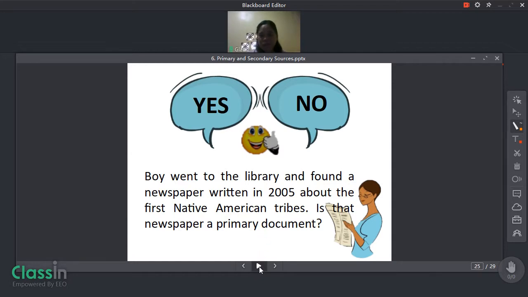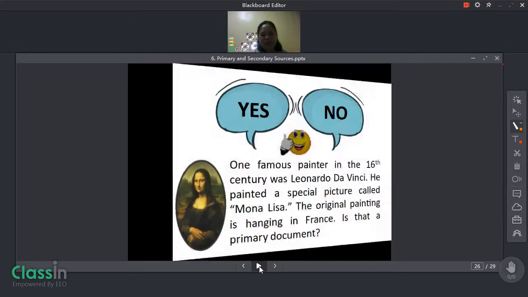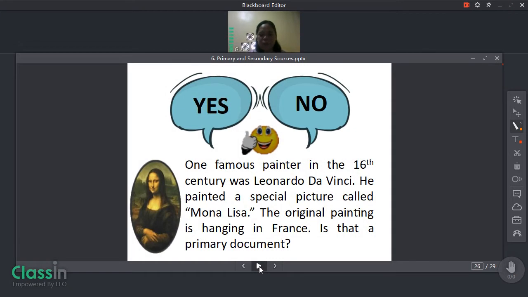The correct answer is no, because a newspaper is a secondary source of information wherein there are lots of contributors of that news in the newspapers. Next, one famous painter in the 16th century was Leonardo da Vinci. He painted a special picture called Mona Lisa. The original painting is hanging in France. Is that a primary document?